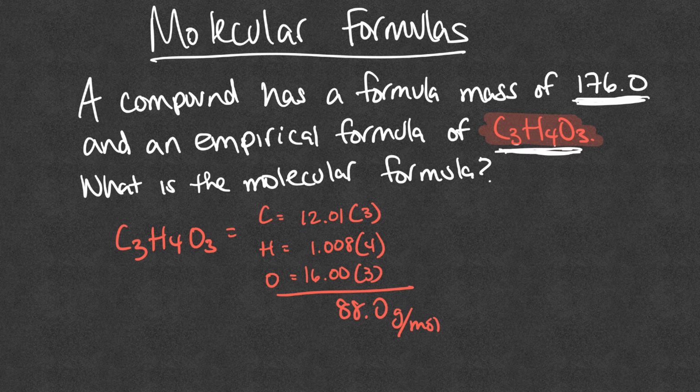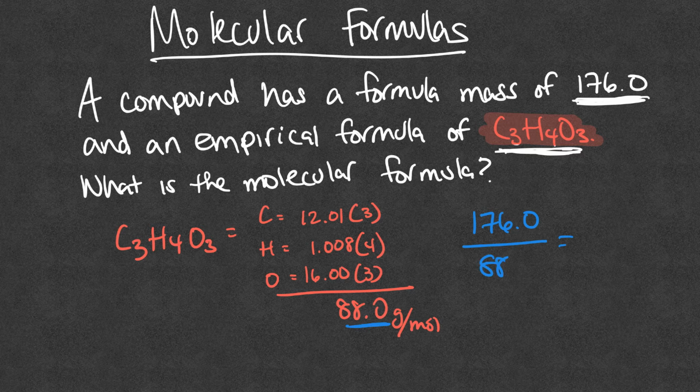And I tell you the molar mass of the molecular formula. Once again, we want to know the multiple. Remember, the molecular formula is the multiple of the empirical formula. So we need to figure out how many times bigger our molecular formula is than our empirical formula. The molar mass of the molecular formula is 176, and the molar mass of the empirical formula we just figured out is 88.